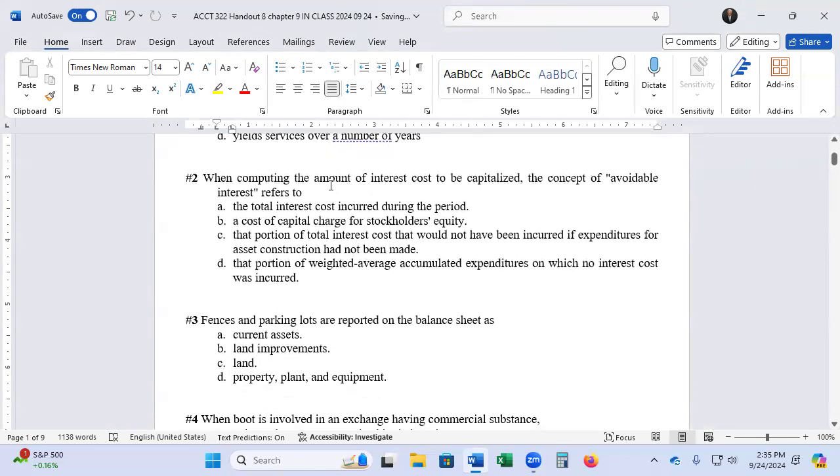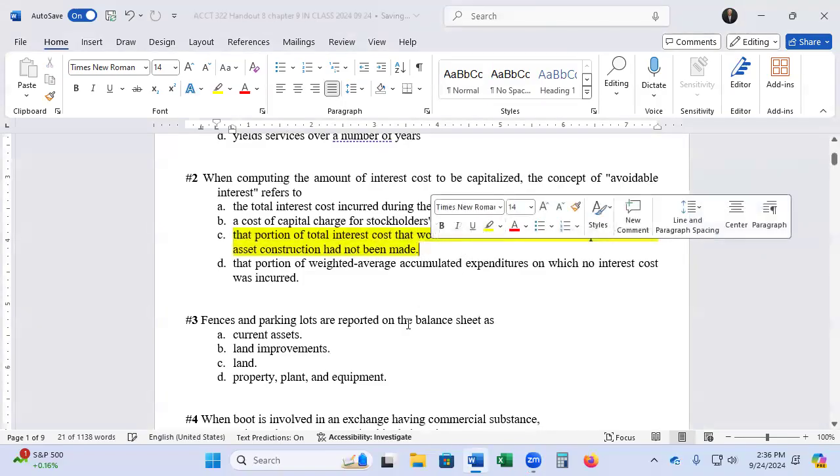When computing the amount of interest cost to be capitalized, the concept of avoidable interest refers to what? This is interest presuming that if you didn't have the project, you wouldn't need to borrow the money. So it's that portion of total interest cost that would not have been incurred if expenditures for the asset construction had not been made.